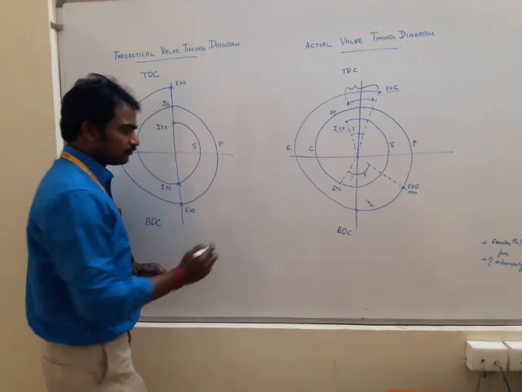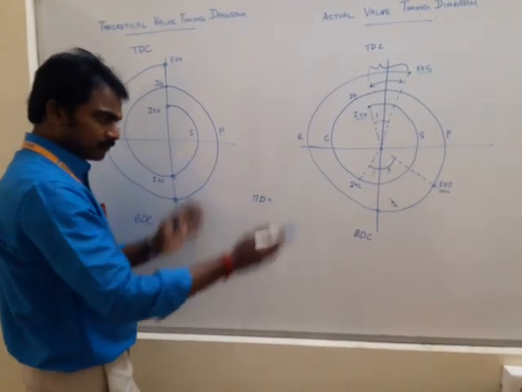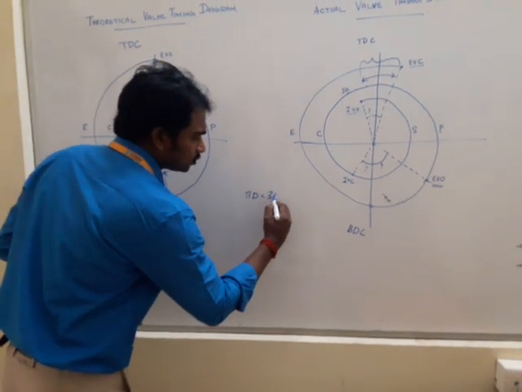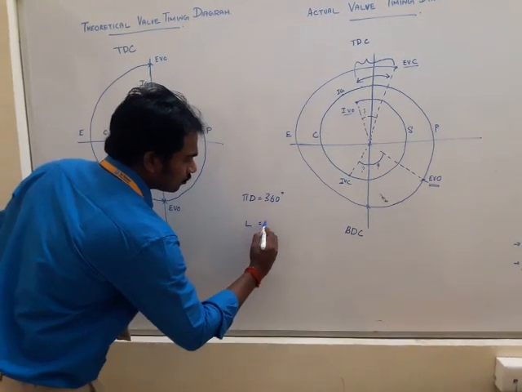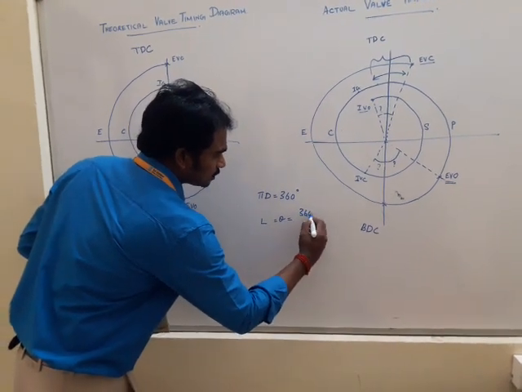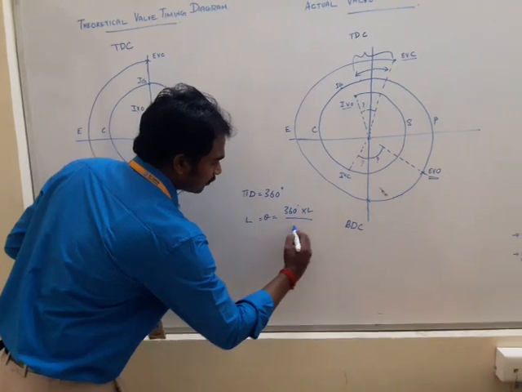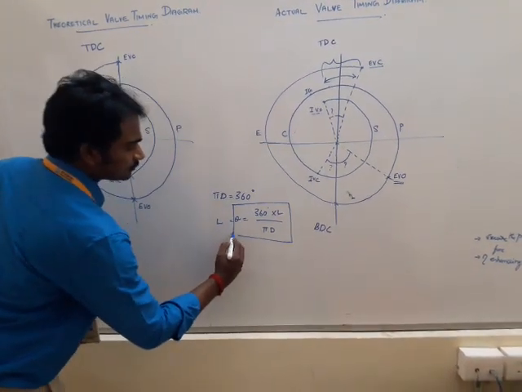The formula is pi d, which is the circumference of the flywheel, equal to 360 degrees. For a particular arc length L, the angle theta equals 360 times L divided by pi d. It will directly give the angle.